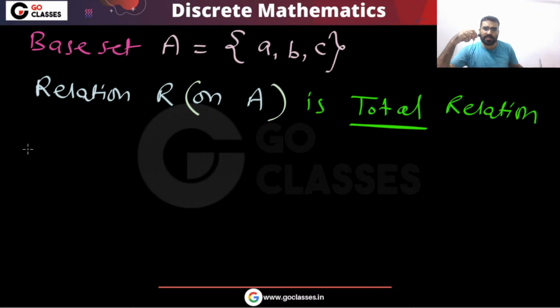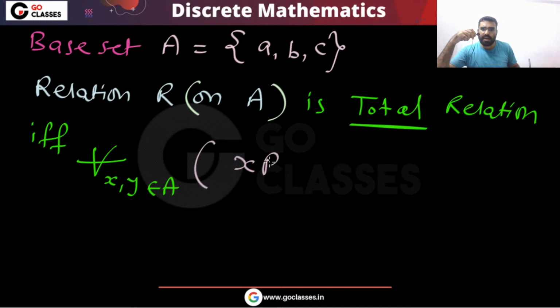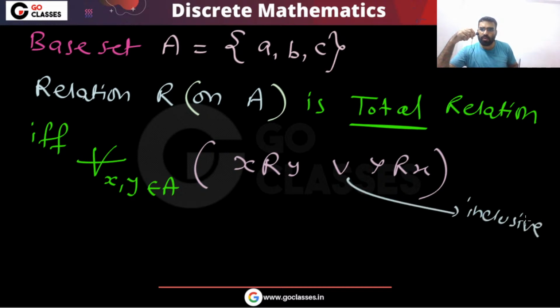This will be a total relation if and only if for all X comma Y in A, whatever two elements you take in this set, same or different, either X is related to Y, or Y is related to X, or both of them. This is the inclusive OR. So this is the definition of total relation.